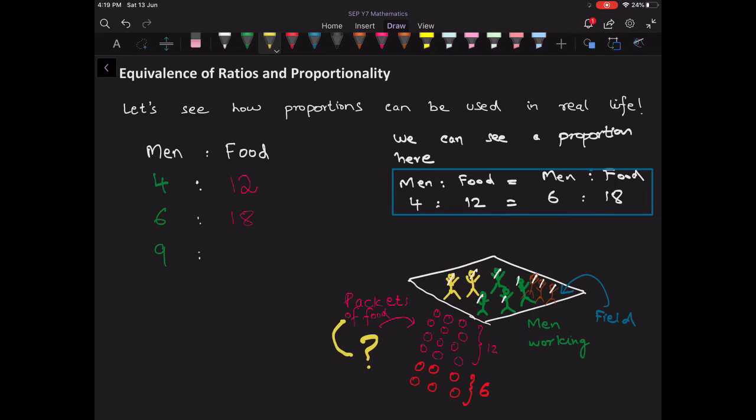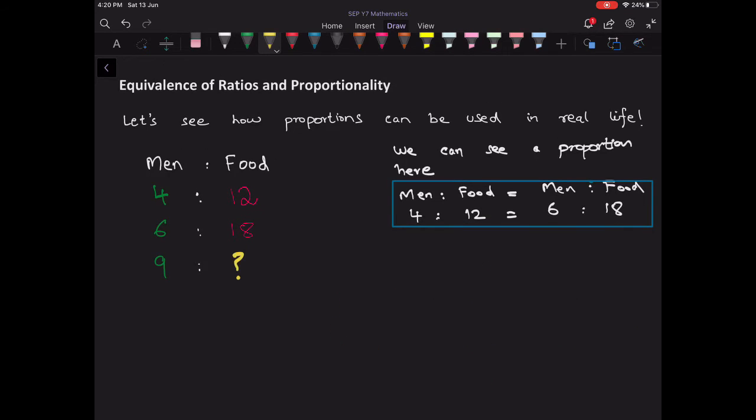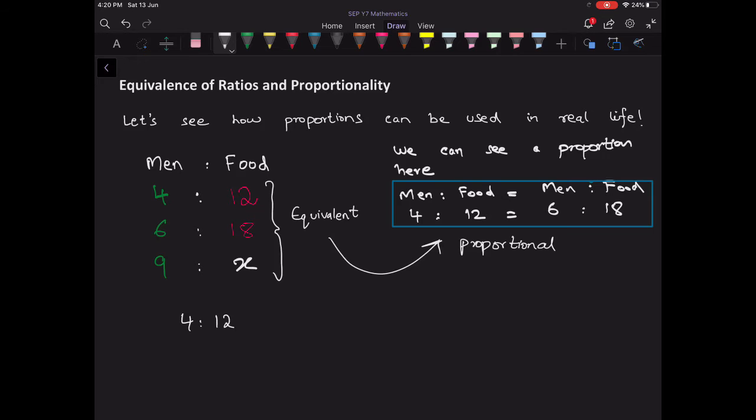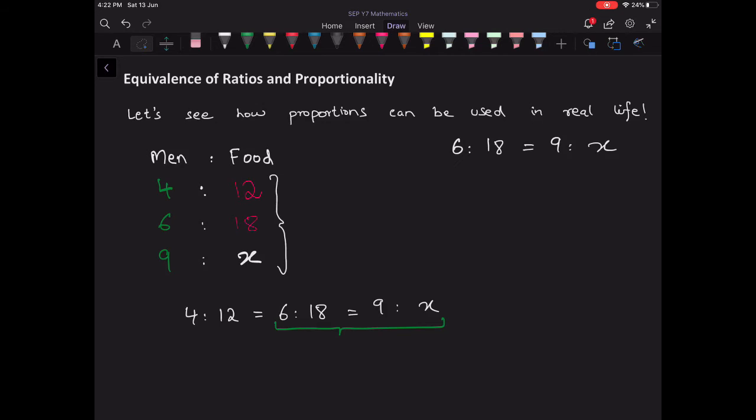What if someone asks us how many packets of food would be required? We can replace the question mark with x. We know all these ratios are equivalent since we are talking about the same food and men system. If we equate all the equivalent ratios and choose the one with the unknown quantity, we get the following proportion. 6:18 is equal to 9:x.